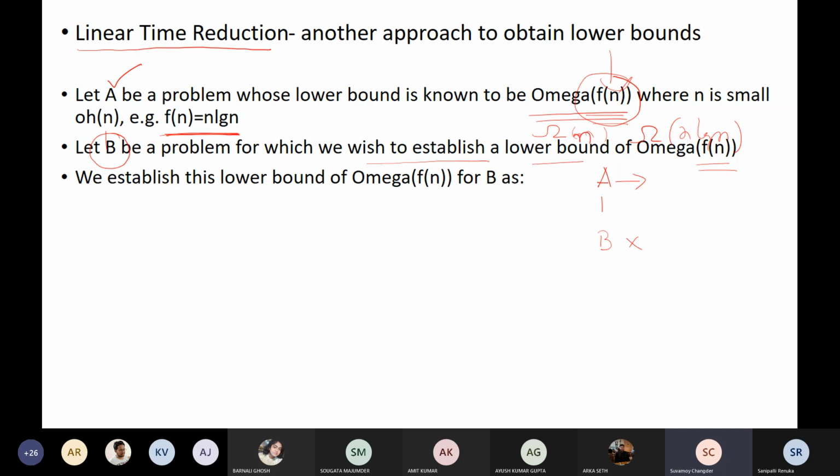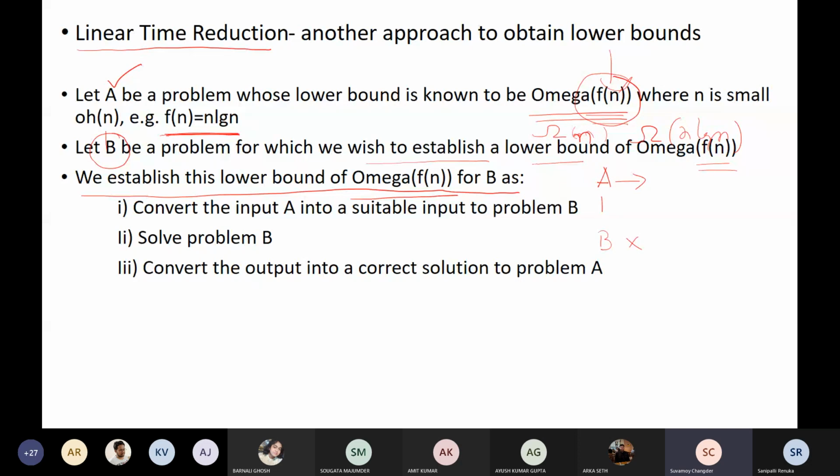Then how do we establish the lower bound of B as omega of f of n? By following some steps. What are the steps? First, we convert the input of A. When a problem A is given to us, there will be a set of inputs, and we apply some algorithm to generate the output.